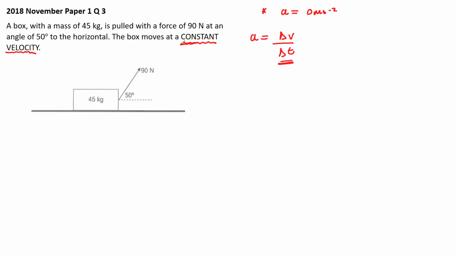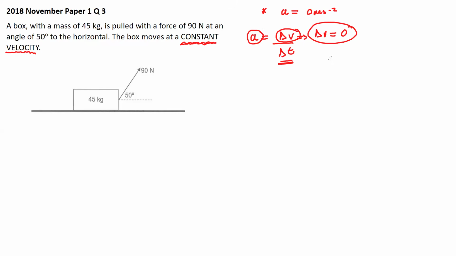So if velocity is constant, it's unchanging, which means the velocity change is 0. Once there's no change in velocity, the acceleration is 0. So note that constant velocity means the acceleration of the object is 0.